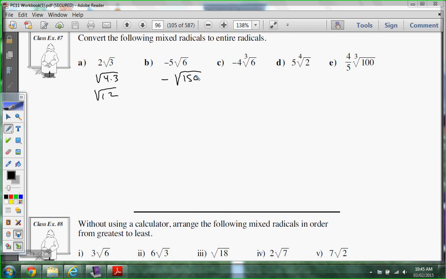Okay, Bethan? Okay, and then this one we can put the negative in because cubes are okay with it. So you said cube root of what? 384. Okay, good. Oh, and it's negative, sorry.